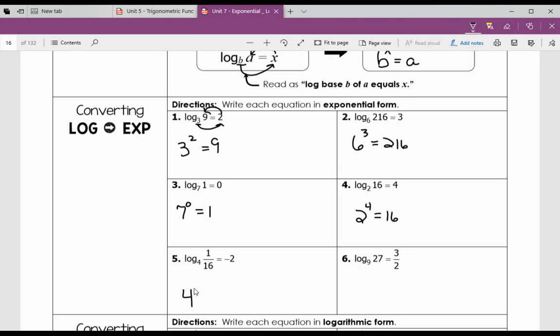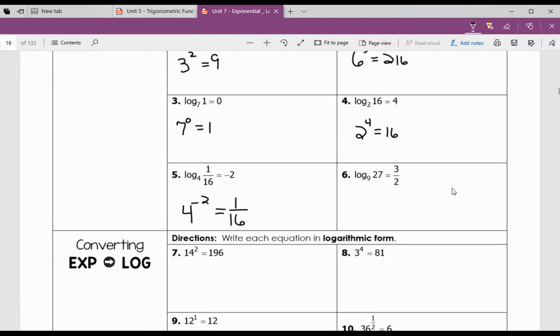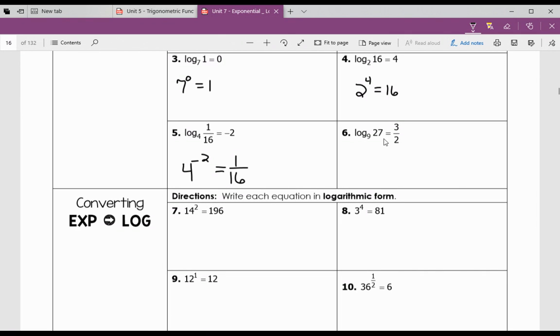To the what power? Equals, perfect, 1 over 16. And then the last one, start with your base. So that would be 9 to the 3 halves power equals 27.